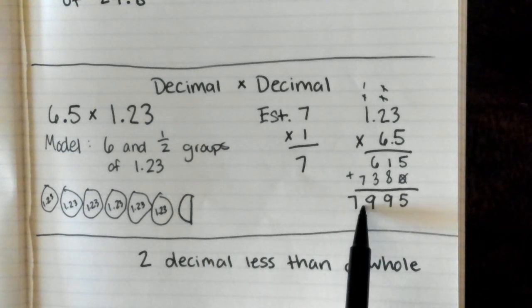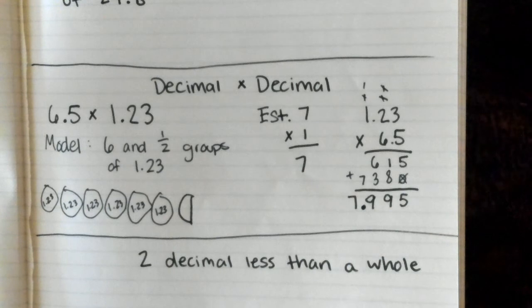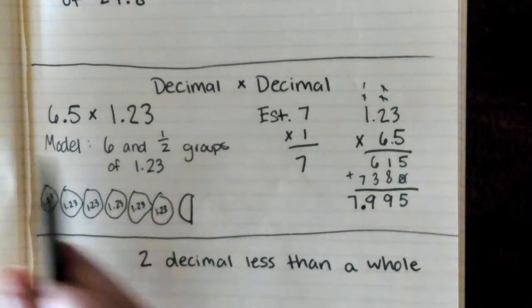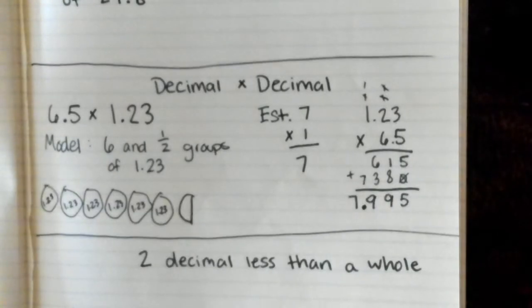It should go here. 7 wholes and 995 thousandths. That's a lot in the decimal place, 995 thousandths. It's really close to 8 wholes. But it's because we had a lot of decimals multiplied together, right? And we went by our estimate, and that's where it goes according to our estimate.